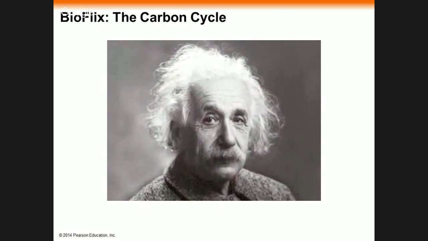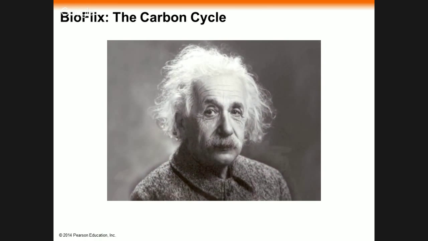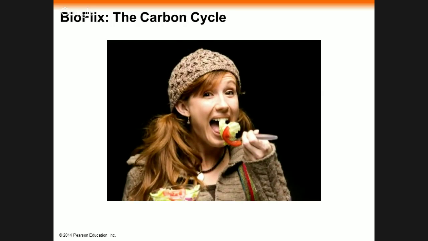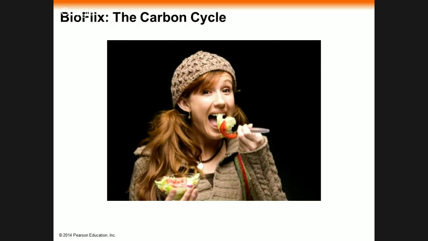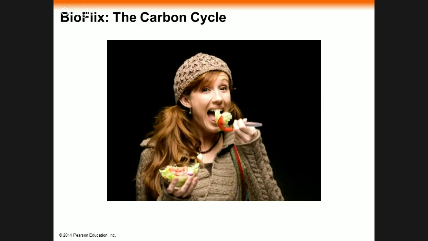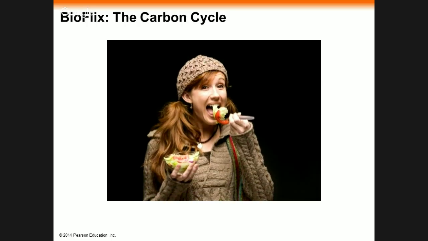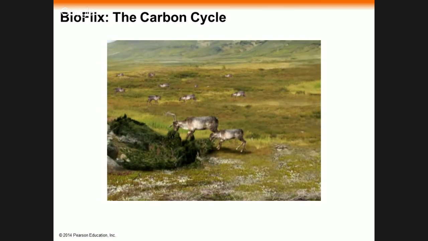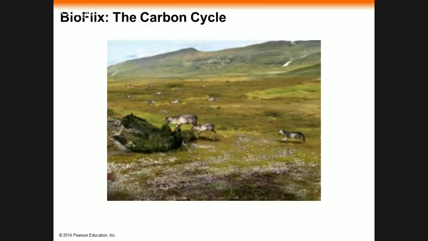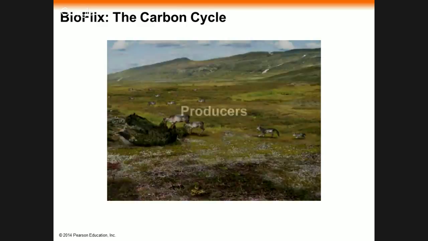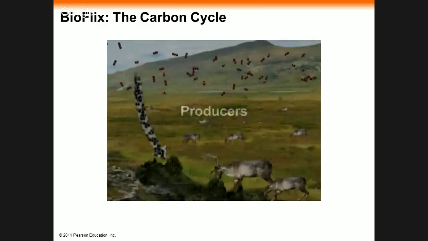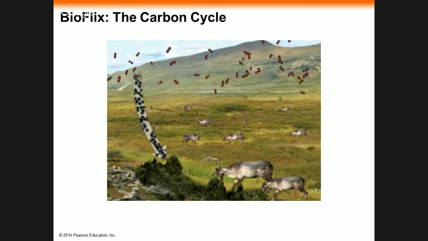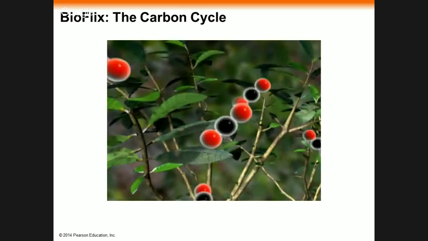Could a carbon atom that was once part of Albert Einstein be in you? All living things need to take in carbon-containing molecules to fuel their activity and build their cells. This is true for busy students and for all organisms. Let's look at how carbon atoms move through the carbon cycle in the Arctic tundra. Carbon atoms from carbon dioxide are incorporated into living things by producers, such as this plant.